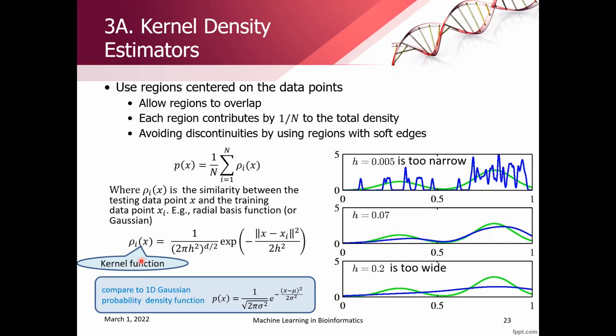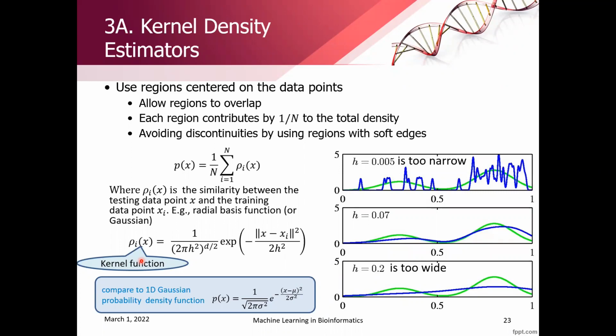We have many points, so for each point we add such a bell-shaped curve. It need not necessarily be a bell-shaped curve, but some curve which has the area under the curve equal to 1, and we sum all these functions together.